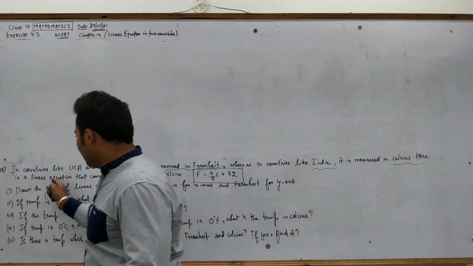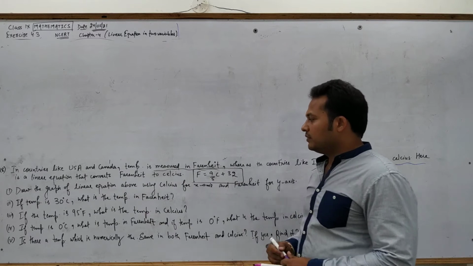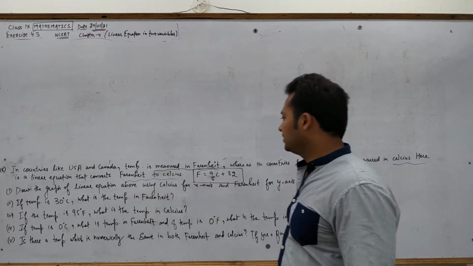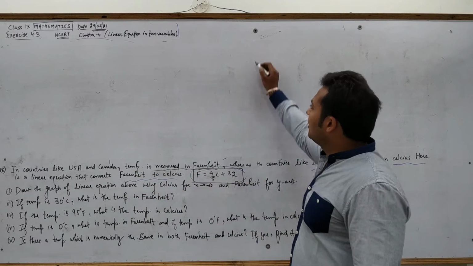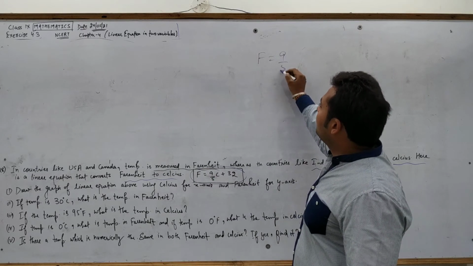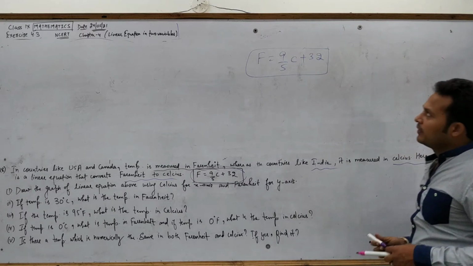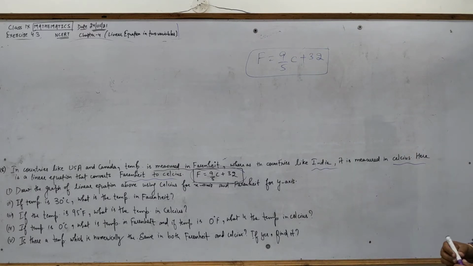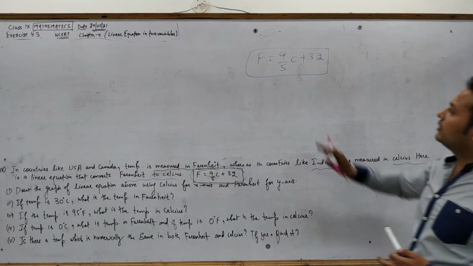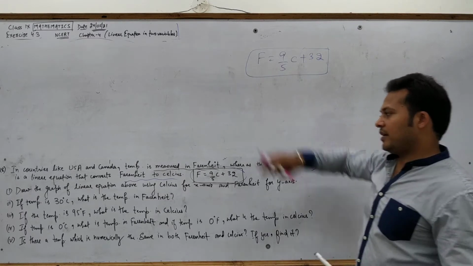Here is a linear equation that converts Celsius into Fahrenheit, which is given as F equals 9 by 5 C plus 32.